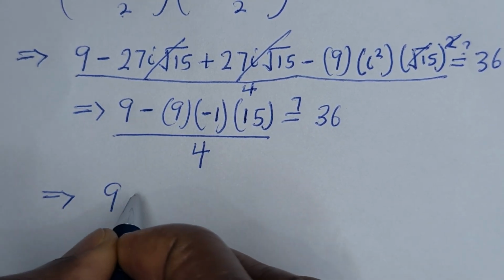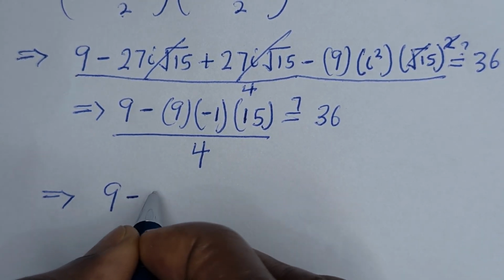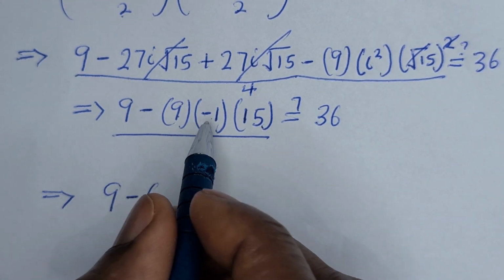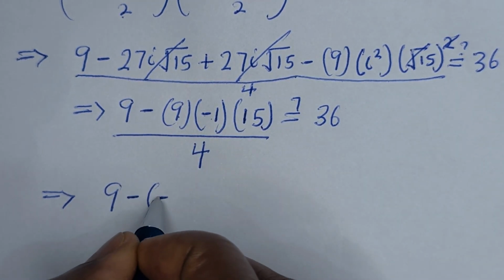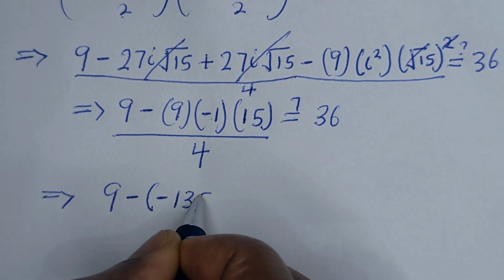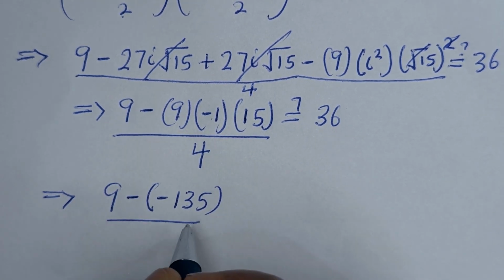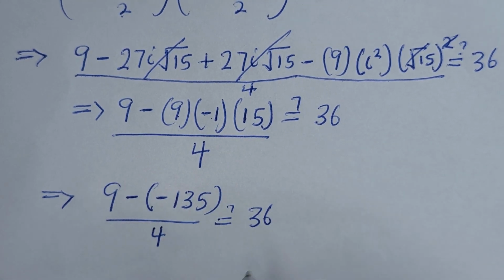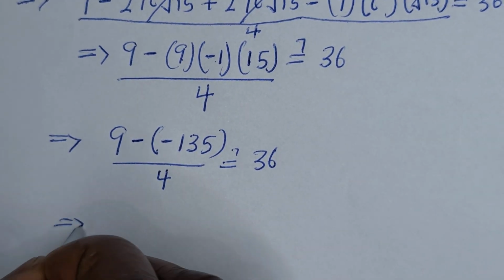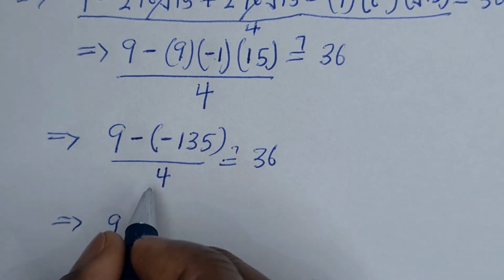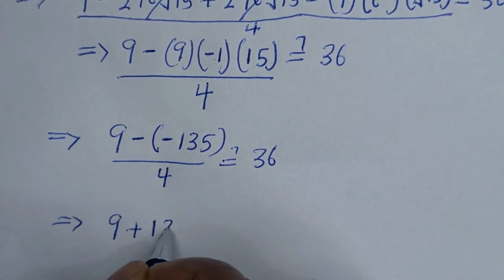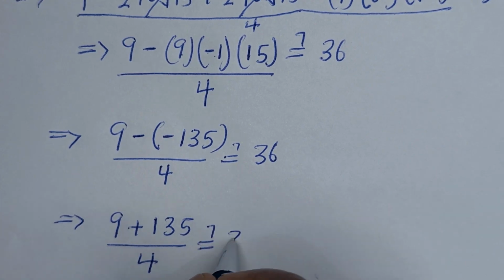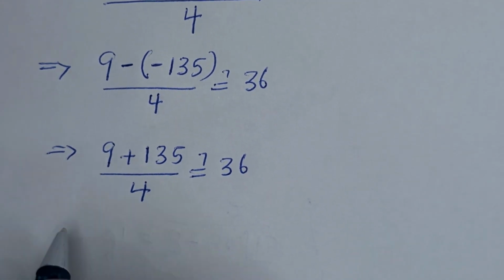This is 9 minus bracket 9 times minus 1. This is minus 9 times 15, that is minus 135, over 4 must be equal to 36. Then here we have 9, minus times minus, that is plus 135, over 4 must be equal to 36.